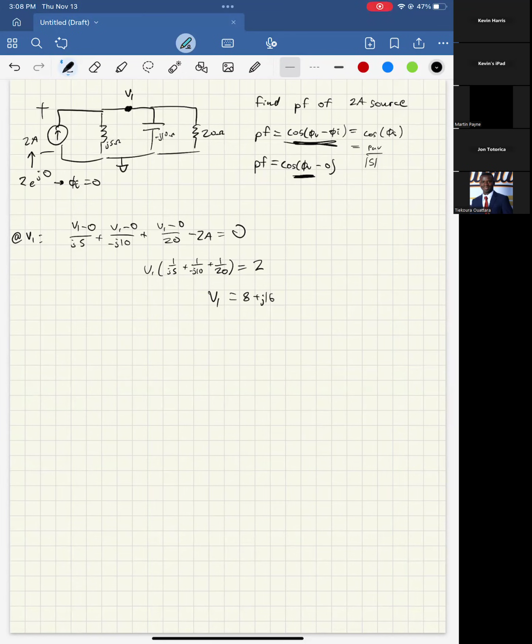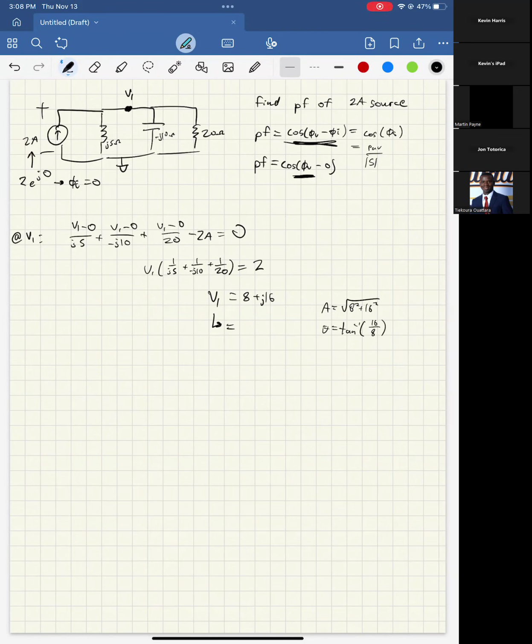If we then take this and switch the mode on my calculator, or do it by hand, remember A equals the magnitude and theta equals the arctangent of 16 over 8.